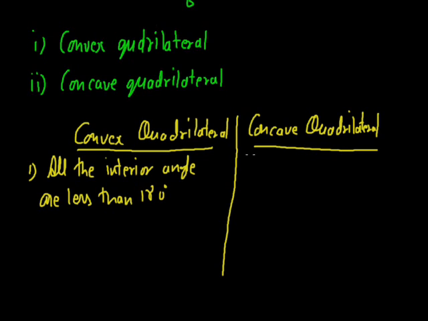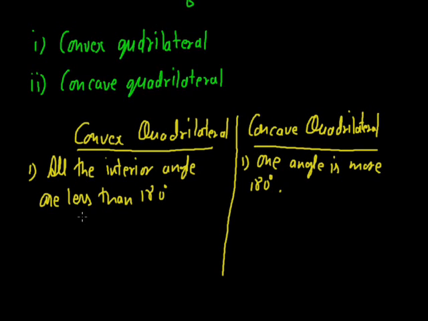While in the case of a concave quadrilateral, one angle is more than 180 degrees.